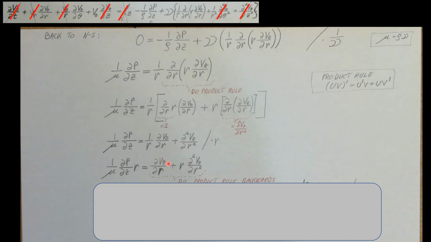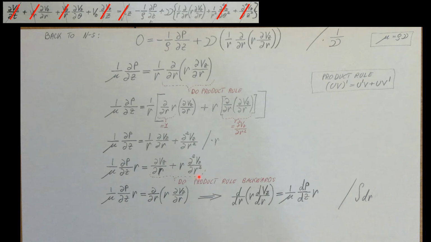So here I multiply it with an r. We have an extra r on the left hand side now, but these terms will allow me to do a product rule backwards, and instead of having these two terms, it'll simplify down into this derivative right here. On the left hand side, still no change.